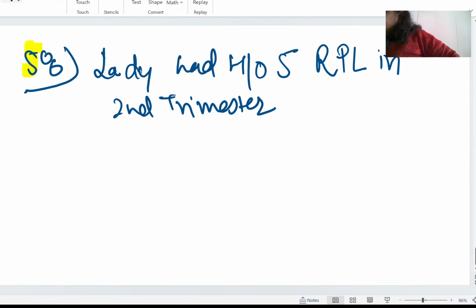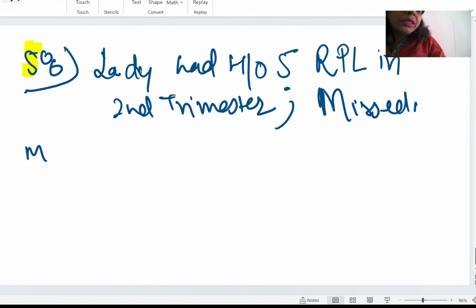Now they are asking which test one should do. What is the most common cause? Cervical incompetence. Then it can also be fetal chromosomal anomalies; some chromosomal anomalies also abort. And then there is APLA syndrome. There are recurrent pregnancy losses in the second trimester, and this time one missed abortion in the 12th week. So this is first trimester.